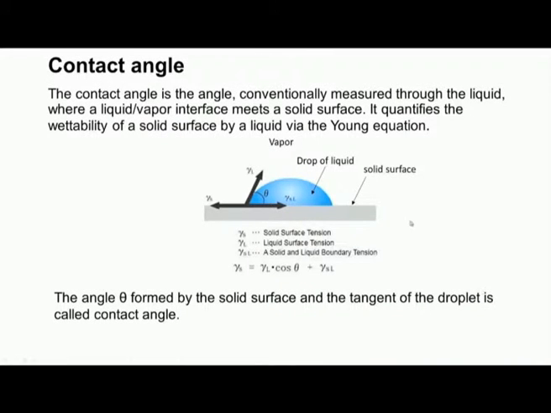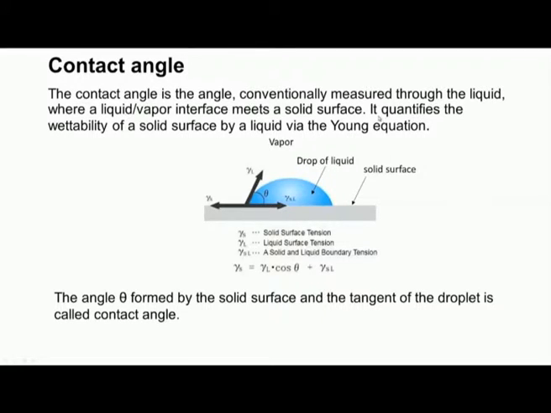Now, let us learn about the contact angle and measurement of contact angle. This is the angle conventionally measured through the liquid, where a liquid vapor interface meets a solid surface. You can see here we have a drop of liquid and the vapor; this is the vapor and the drop of liquid, and this is the solid surface.